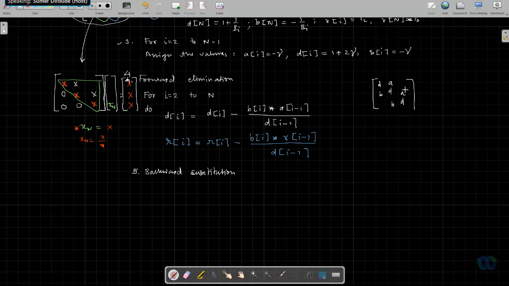In some case, maybe in our previous lecture, I might have used A, B, B, B, and C might be there, so don't get confused. Now we are talking with respect to this: D means diagonal, A means above diagonal, and B means below diagonal. Let me write here so that confusion will not be there.